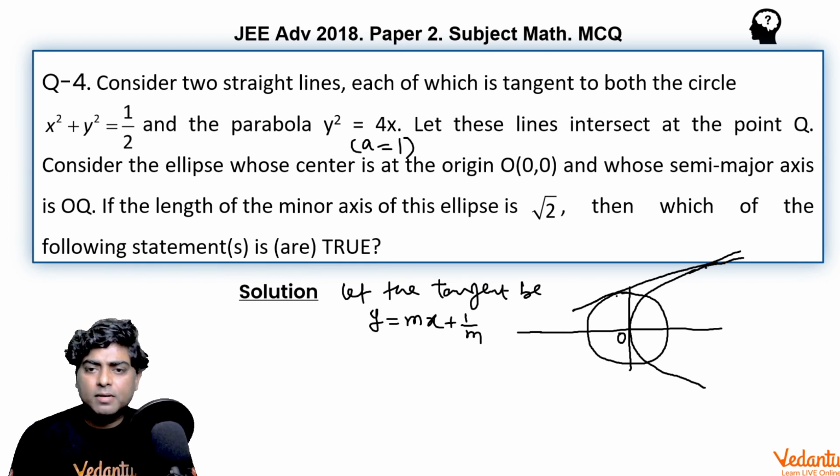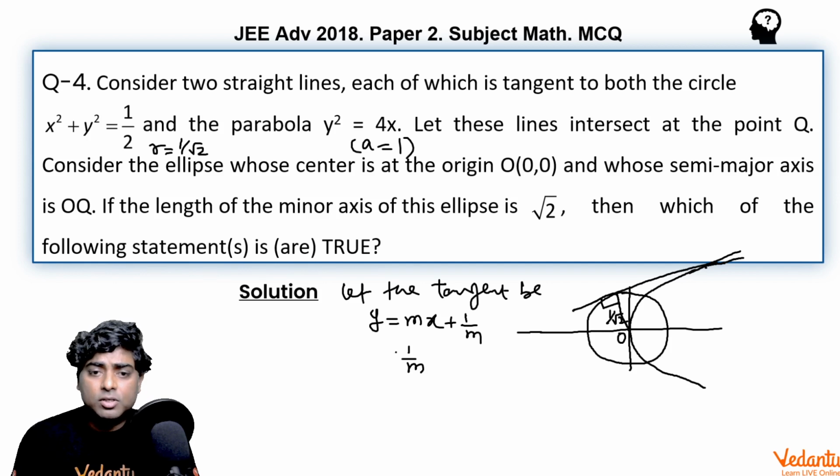As it is also tangent to the circle, we apply the condition of tangency with respect to the circle: the distance of the line from the center of the circle must be equal to the radius of the circle. The radius is 1/√2, so the distance of this line from the center (0, 0), which is |c|/√(1 + m²), must be 1/√2.